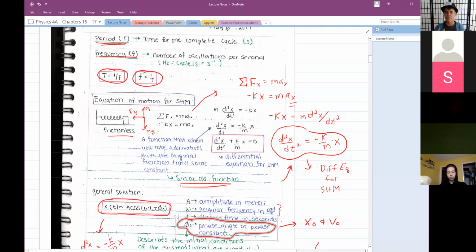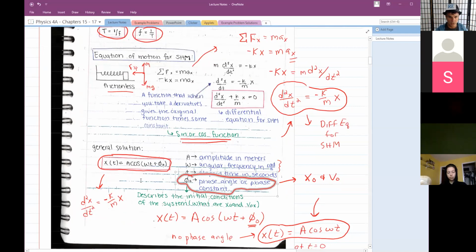How you solve all differential equations, obviously I'm oversimplifying it, is you guess at the answer, and then you make it work with the conditions you're working with. The general solution to this differential equation, where if I take two derivatives of the position, I end up with my same function times some constant, is sine or cosine.